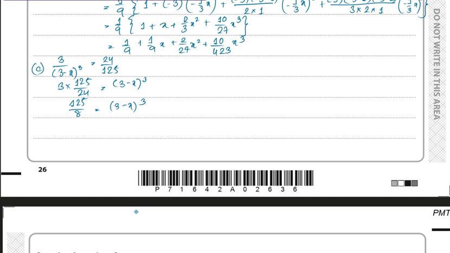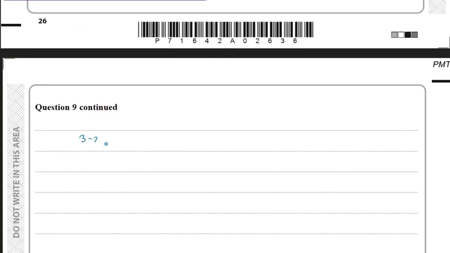And if you take the power to the left-hand side, then this would be a cube root. So this would be cube root of 125 by 8, and 3 minus x would be the cube root of 125 by 8, which is actually 5 by 2. So x would turn out to be 3 minus 5 by 2, which is 0.5. So we have found a value of x.